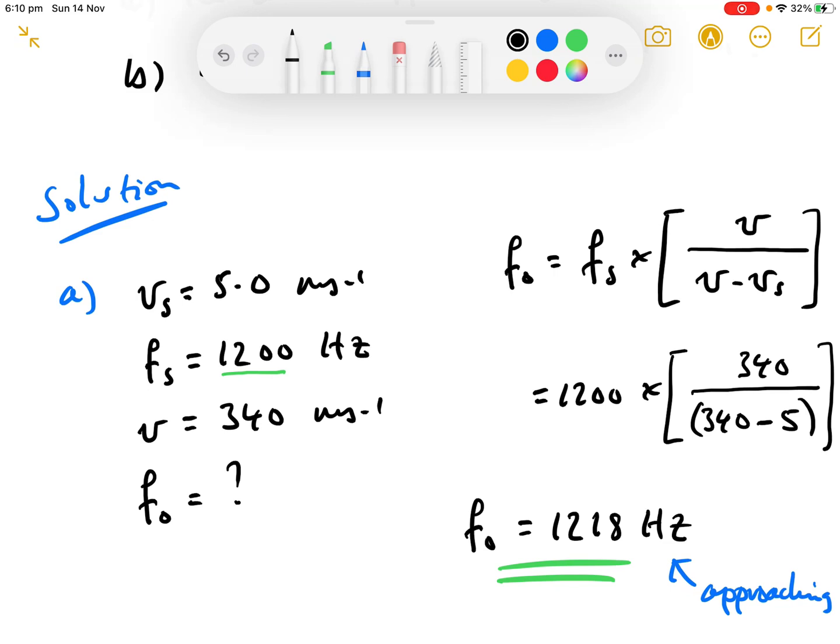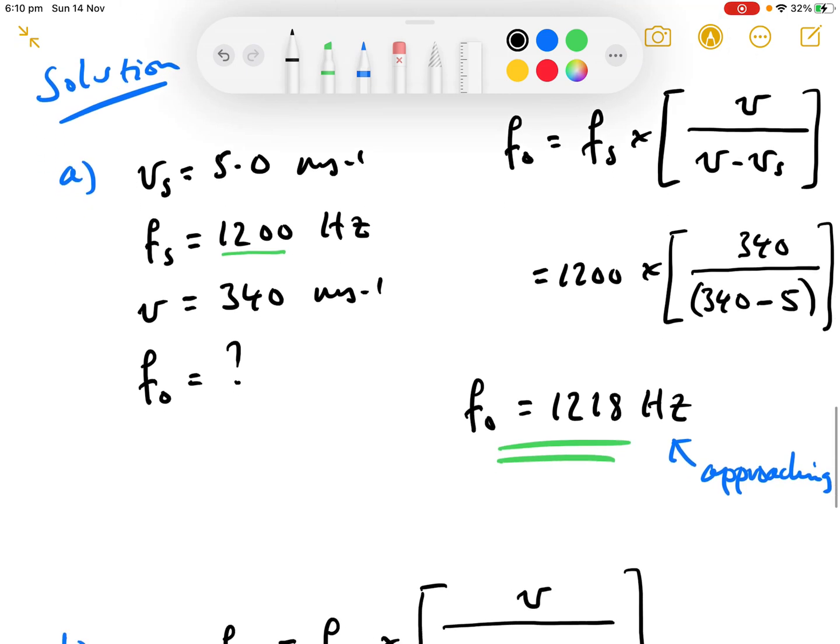And that gives us an observed frequency on approach of 1218 Hertz. That's the approaching frequency. And as expected, it's slightly bigger than the rest frequency, the source frequency of 1200.